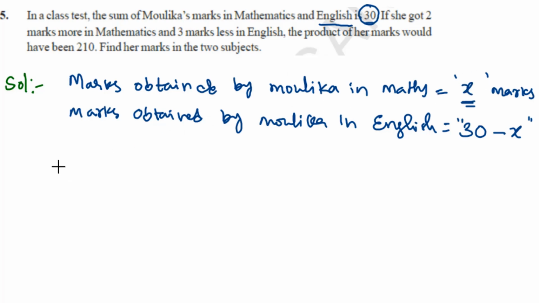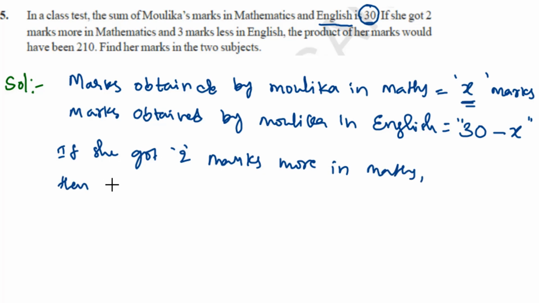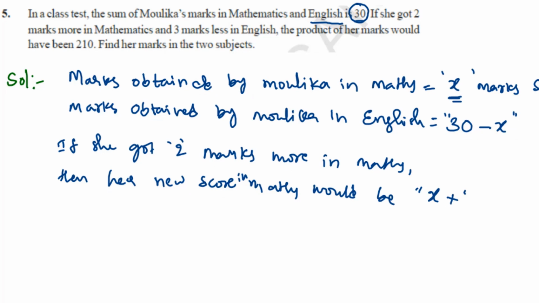So if she got 2 marks more in maths, then for her actual marks we have to add 2 marks. So we get x plus 2 marks as her new score in mathematics.